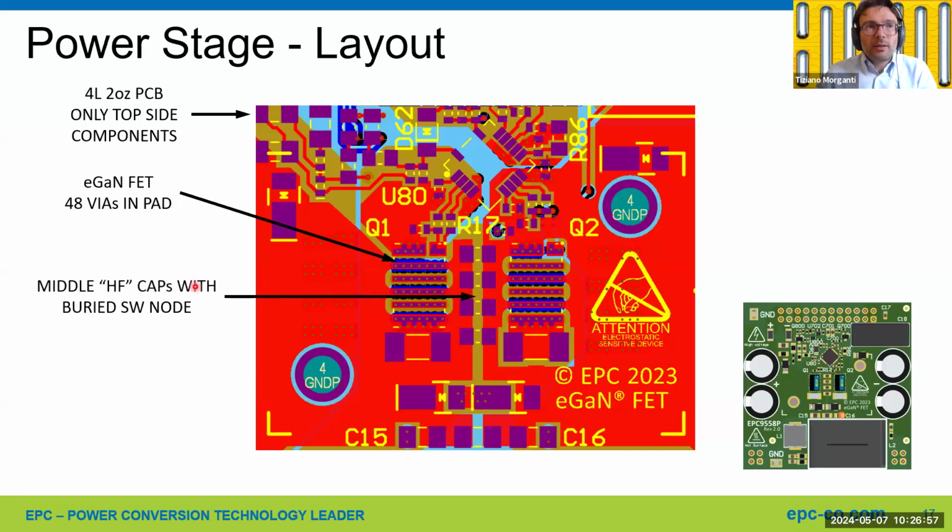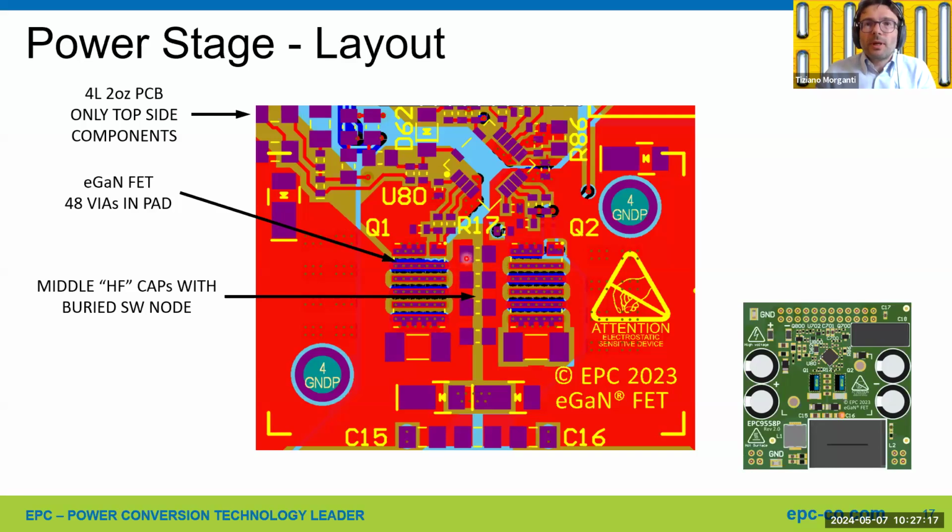So we have the layout, which is implemented as internal vertical layout with middle capacitors. Those are the 4 high-frequency capacitors, which are rated 10 nanofarad, 200 volt in 0603 package.